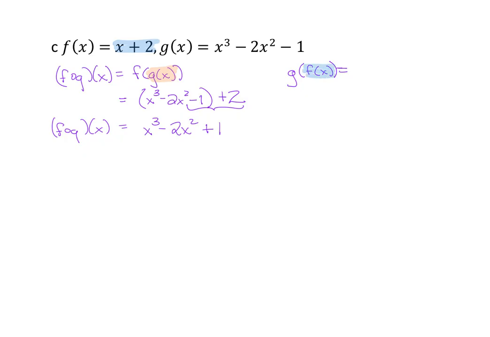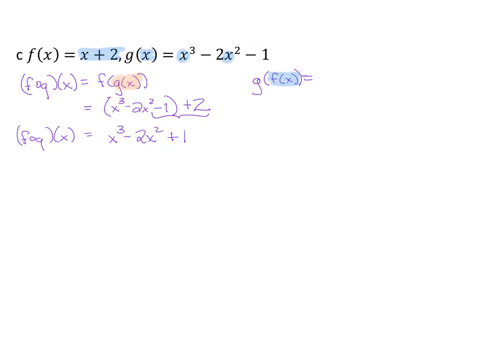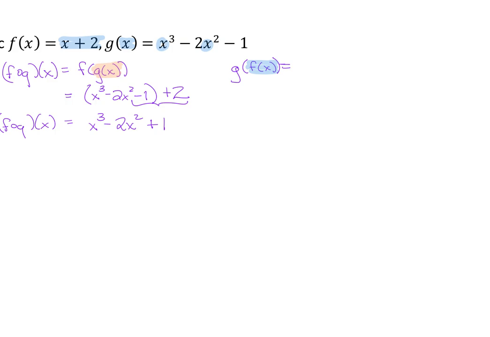I'm going to replace all of my x's in g with this expression. And so what we get is x plus 2 cubed minus 2 times x plus 2 squared minus 1.